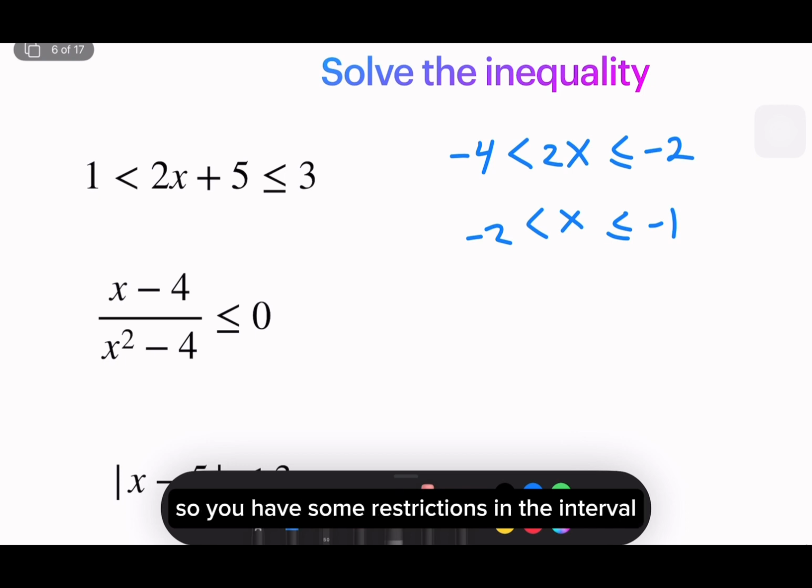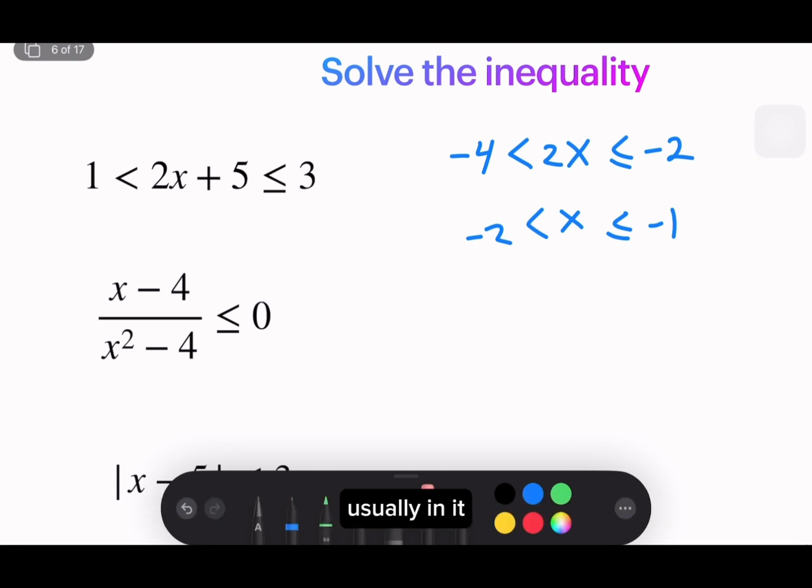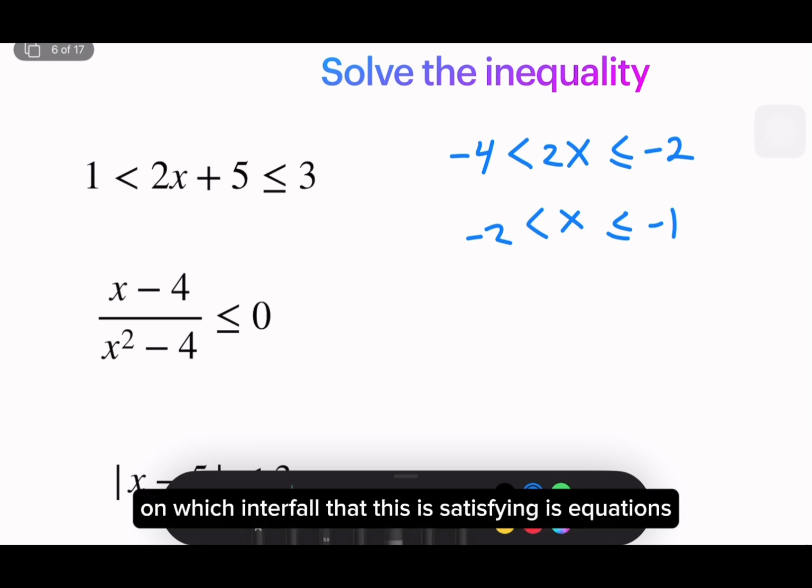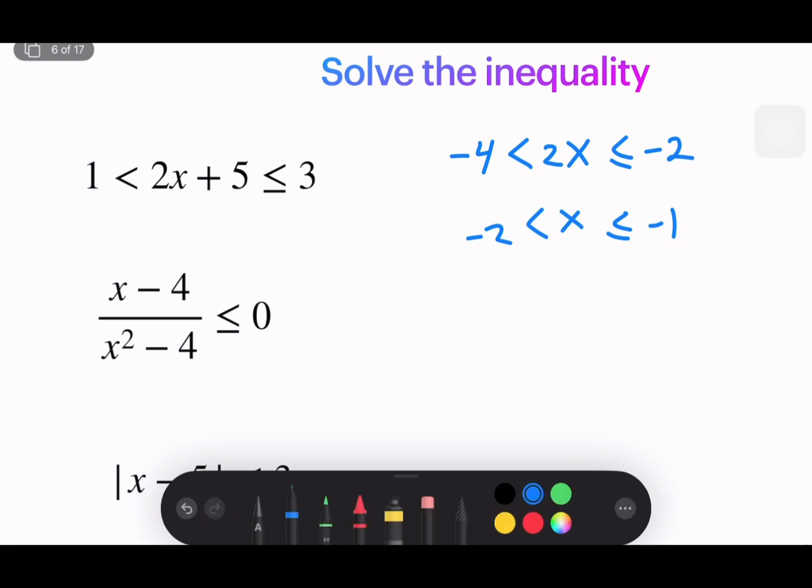So you have some restrictions in the interval. So every time you have an inequality, the solution is usually in an interval, right? Which means that you need to find on which interval the inequality is satisfied.